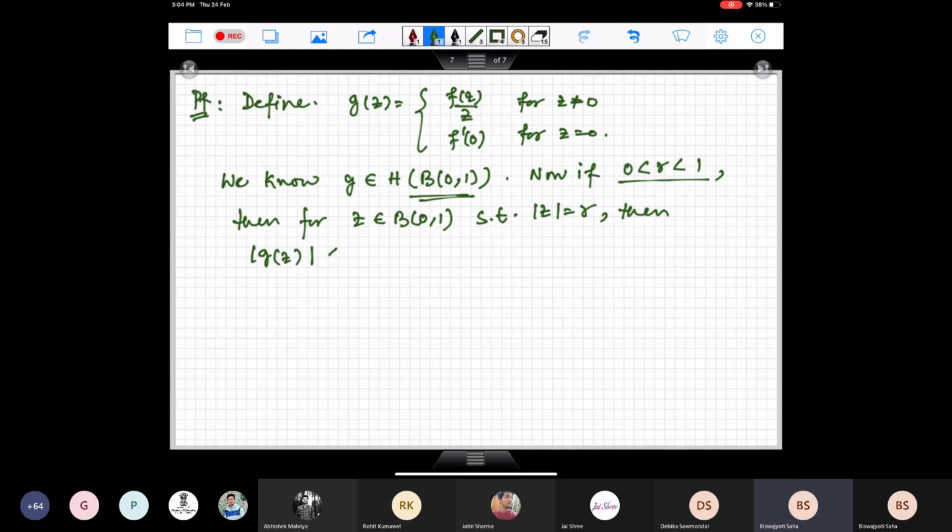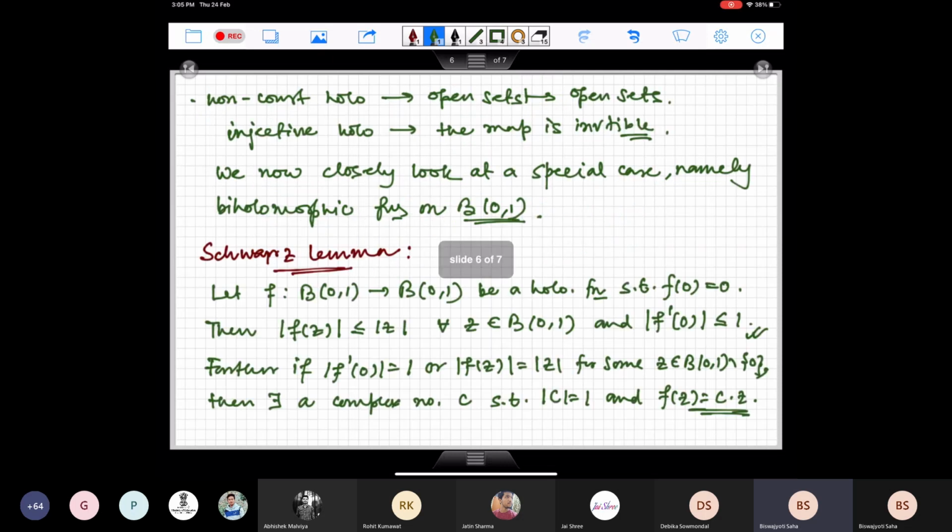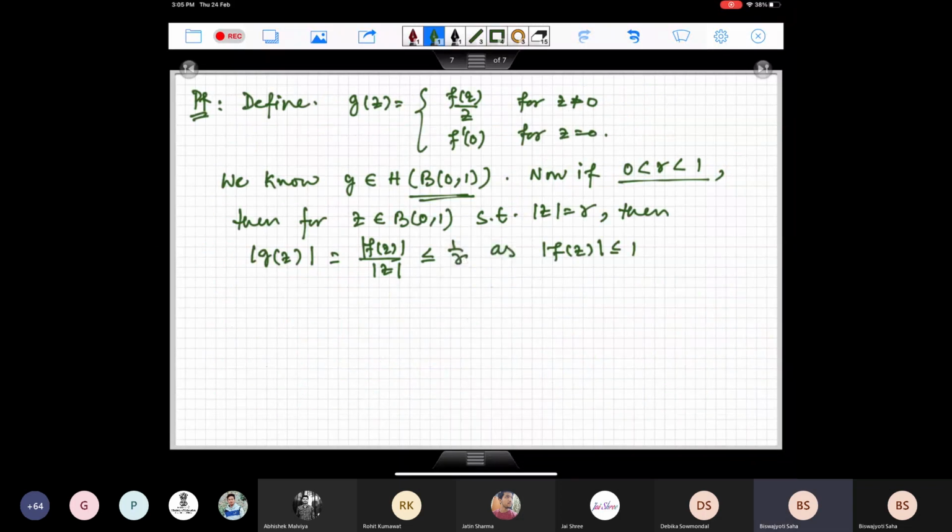Clearly here r is positive, so the functional value is f of z divided by z. So this is mod of f of z divided by mod z, which is less than or equal to 1 over r, as I know that mod of f of z is less than or equal to 1, because the function is going from B(0,1) to B(0,1).